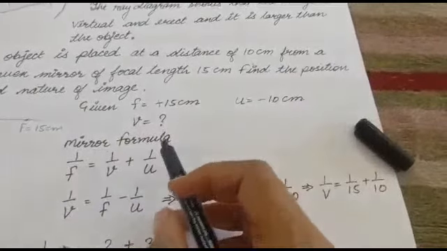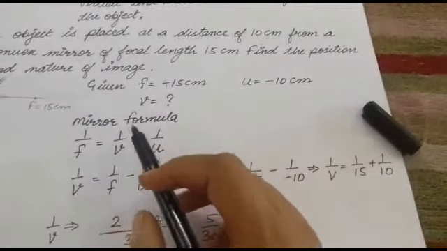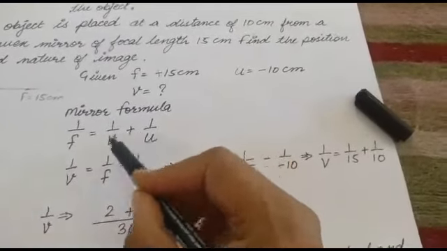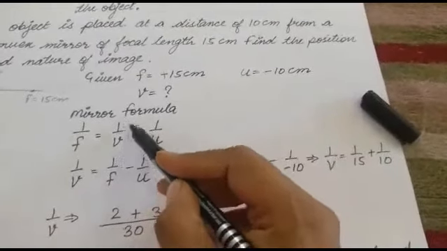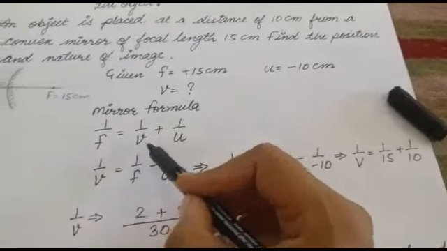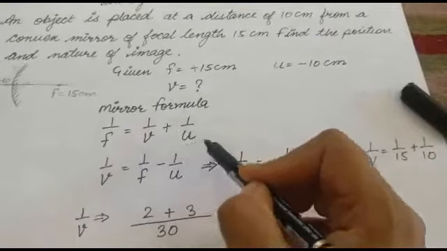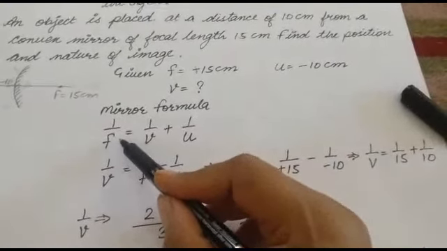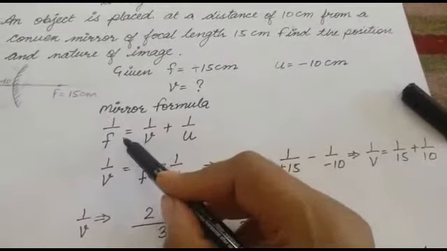So the mirror formula is 1/f = 1/v + 1/u. We have to find out the value of small v, that is the distance of the image. So what we have to do? We have to shift this plus 1/u to the other side of the equals. And when we do this, the sign changes.